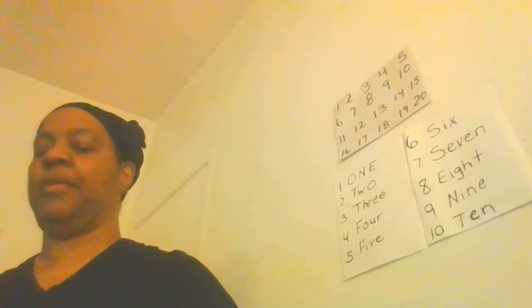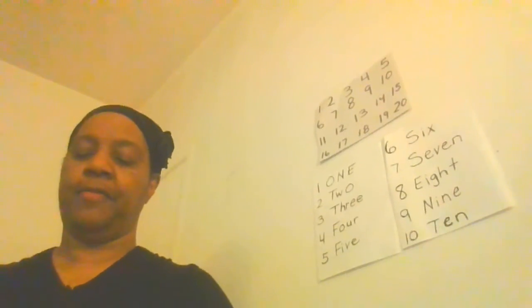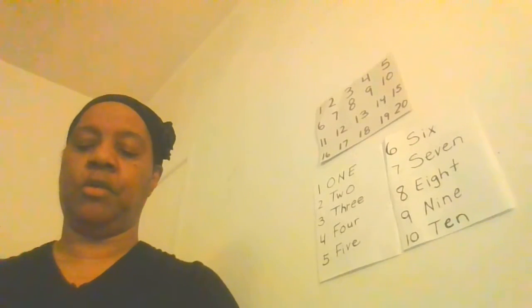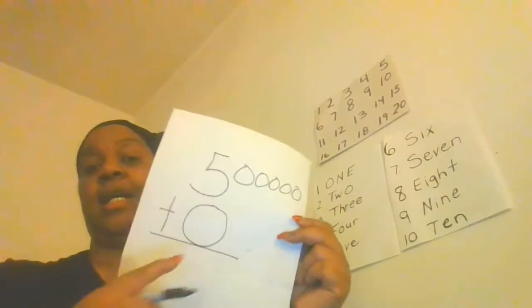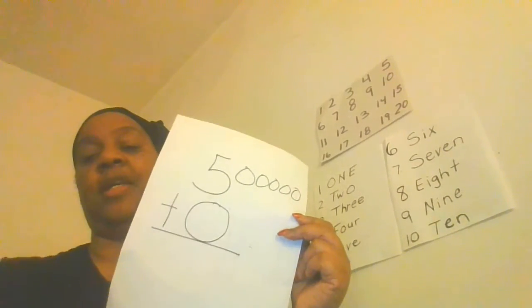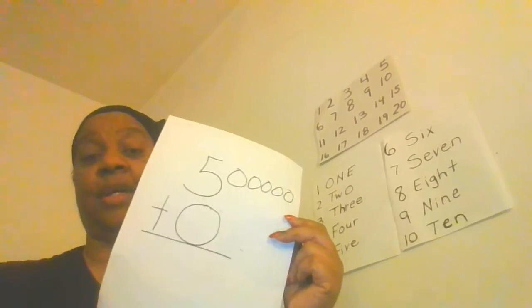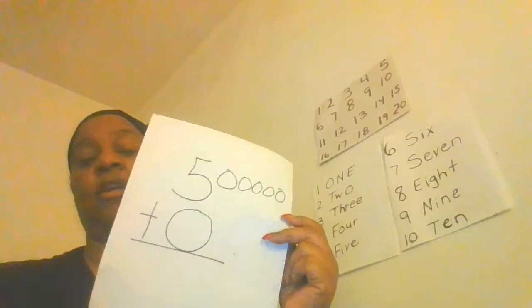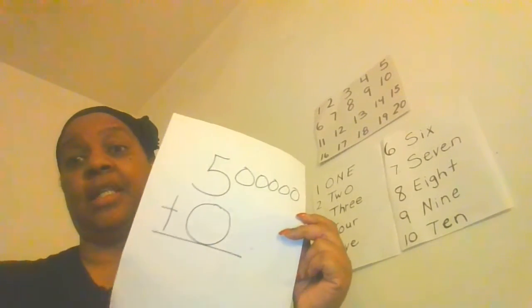Okay? Suppose you have a paper and you have 5, 1, 2, 3, 4, 5, plus 0. We know that 0 stands for none. You're not adding any more because this means none. So if we have 5 and we don't add any more, what's the answer?